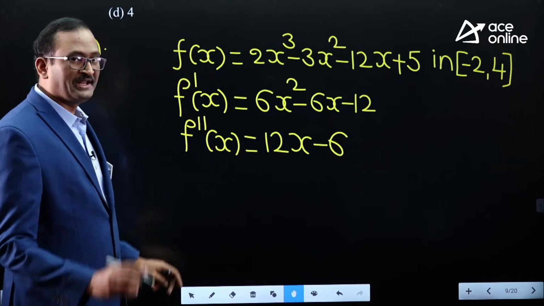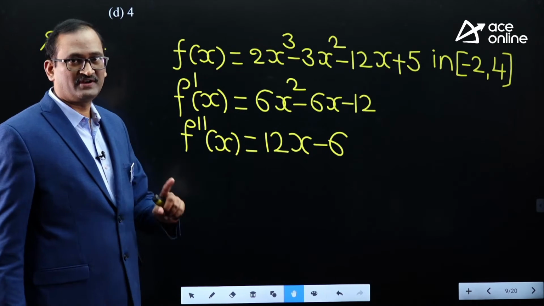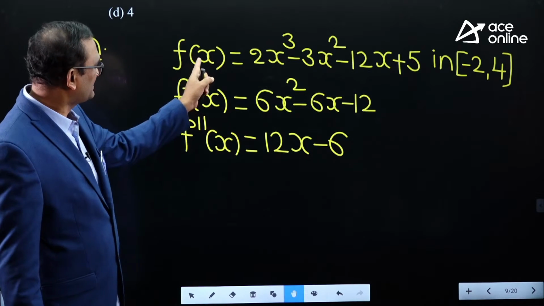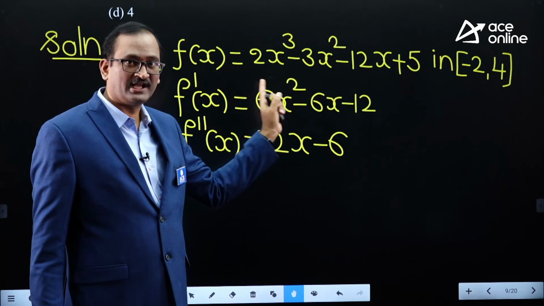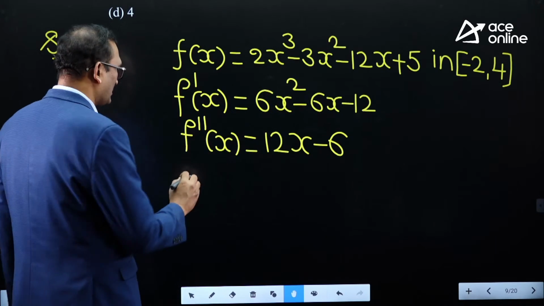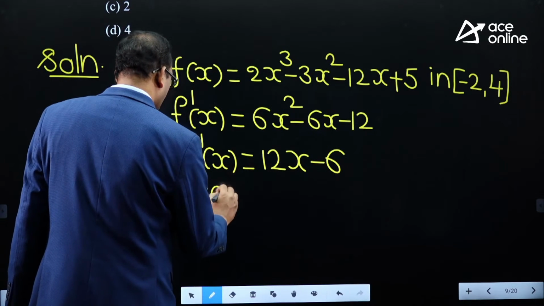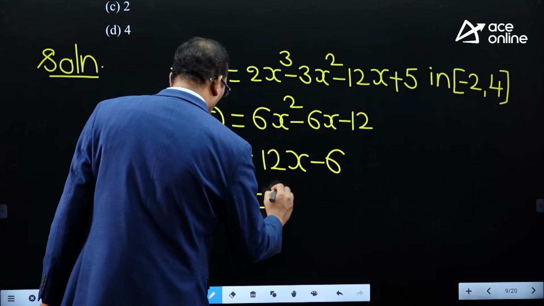Now, a critical point means the point at which f dash x is 0 or f dash x is infinity. f dash x cannot be infinity for any finite real value of x. So the other choice to get the critical point is where f dash x is 0.